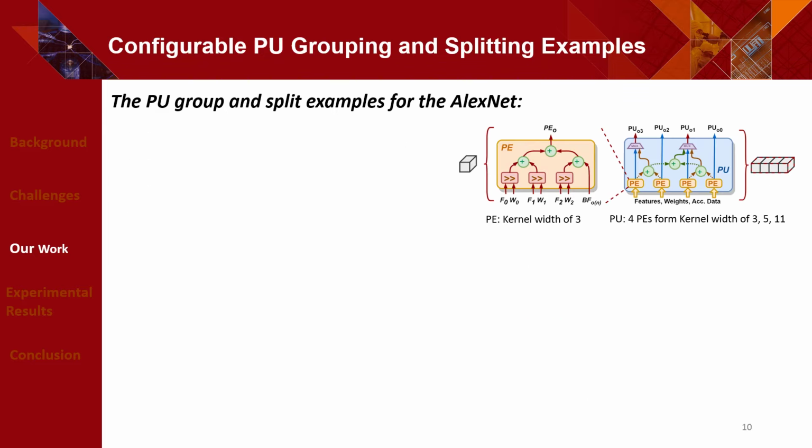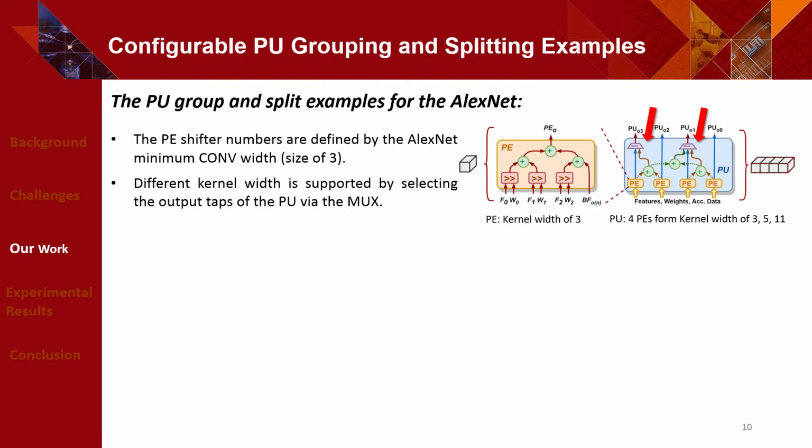Okay, let's have a better understanding by an example of how the PU grouping and splitting can be done. The PE itself, as mentioned, has 3 shifters, defined by the minimum AlexNet kernel size. Then, to support different kernel sizes, we configure the PU based on the PE minimum size, which is 3.